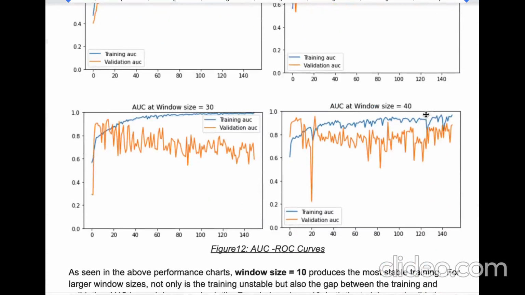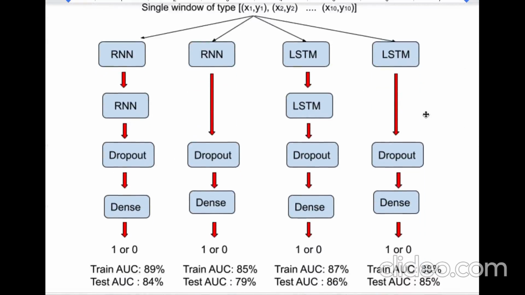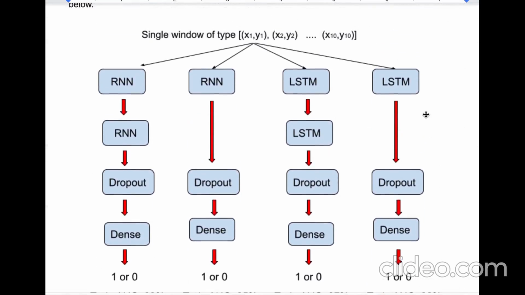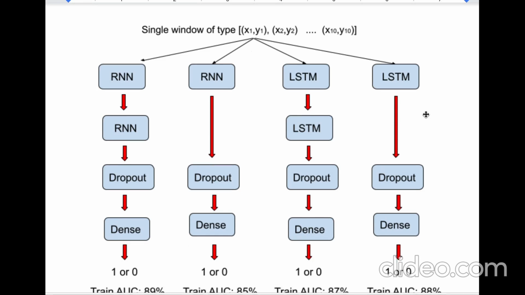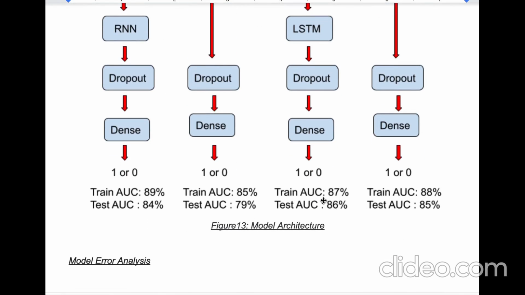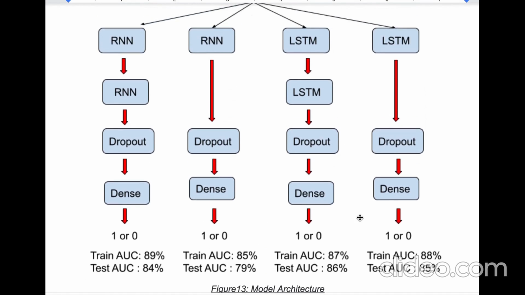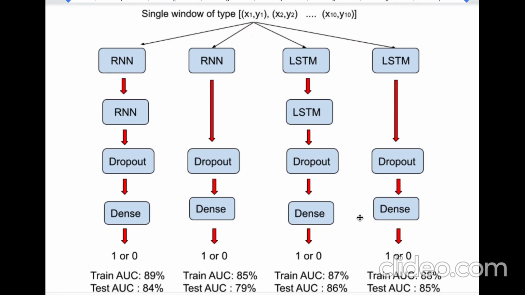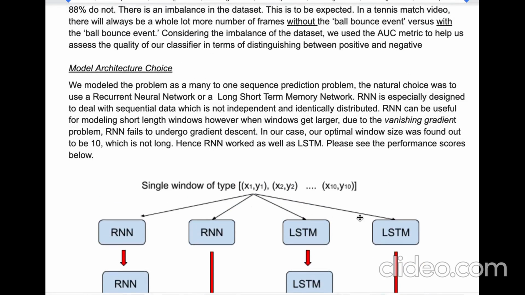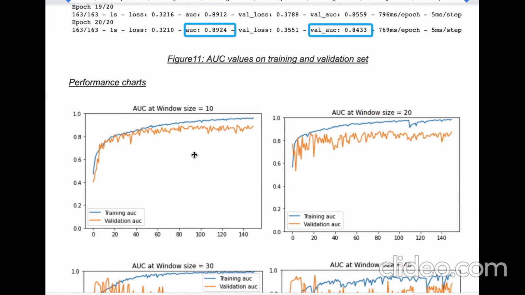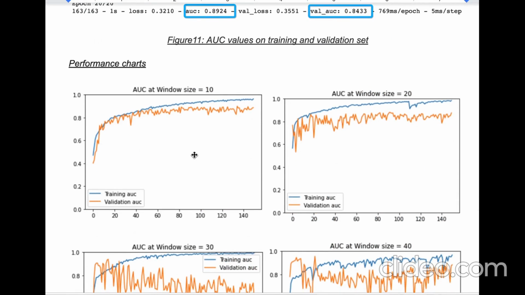Okay, and so basically, we tried out a wide variety of sequence model architectures, and we achieved an AUC of 86% on our test set using an LSTM architecture. We explored many others as well, but we are reporting on the ones which work the best. And this is for a window size of 10, so these are 10 sequential consecutive frames.